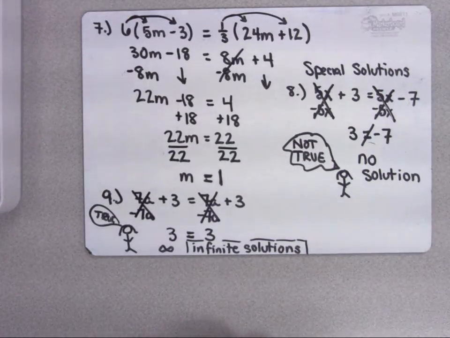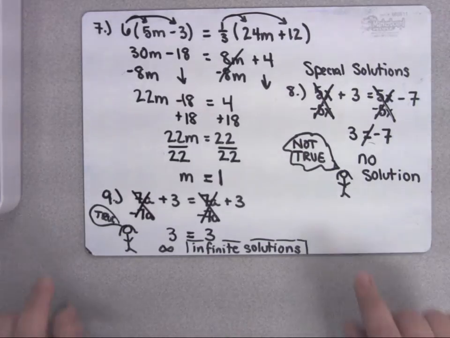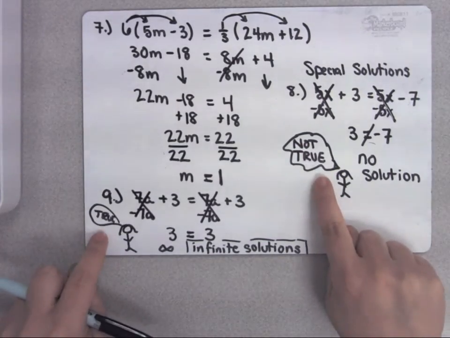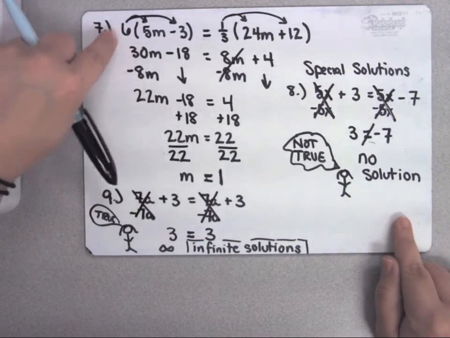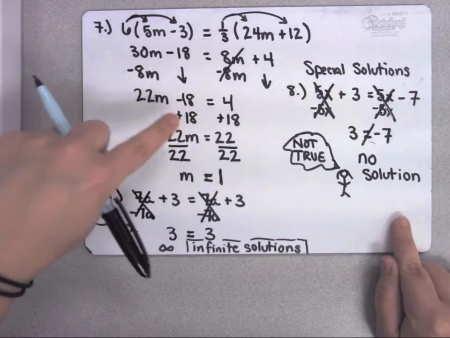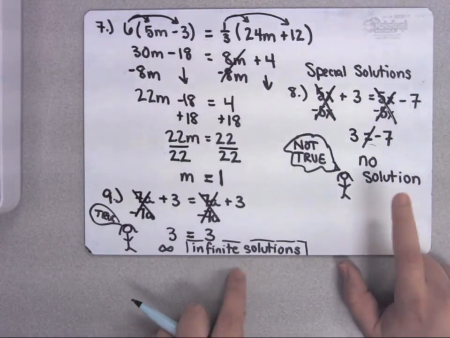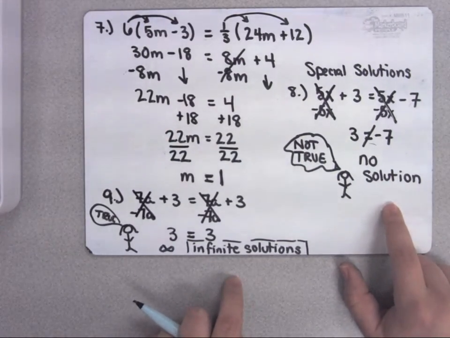That means any number, infinite numbers, equals itself. That's why it's infinite. Does that make sense? So based on what your thought bubble is, tells you what you're going to write as an answer, okay? And we're going to practice one because sometimes they start out looking like this and they require a lot of work, but in the end, it's a word answer, okay?